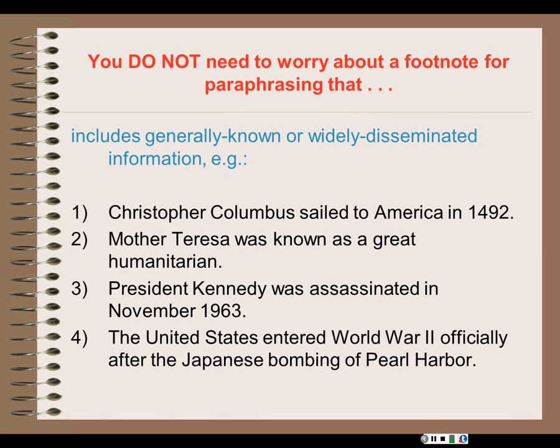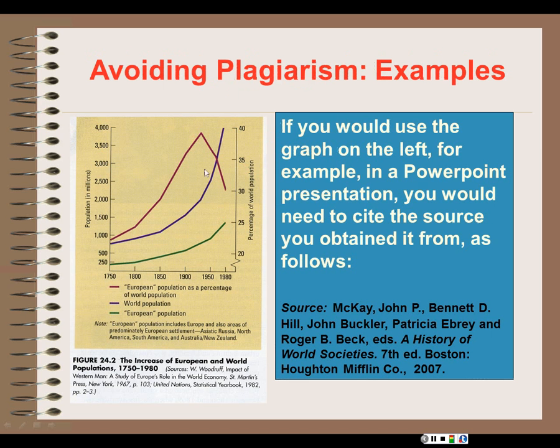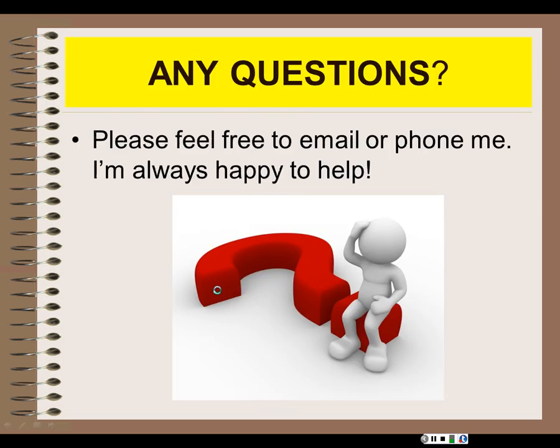You know, this is contained in thousands or millions of articles and books, and you learned it in school and you heard it here and there. So, you know, this is not the kind of stuff you need to footnote. However, if you would use somebody's graph or photograph or something else like that, and you didn't make it up, you need to footnote it.